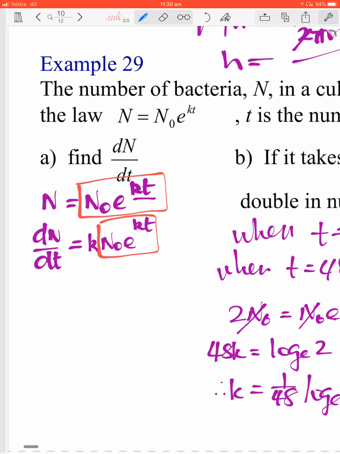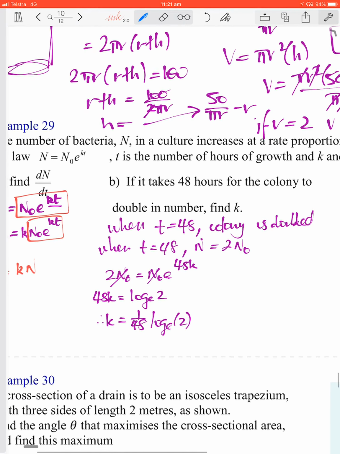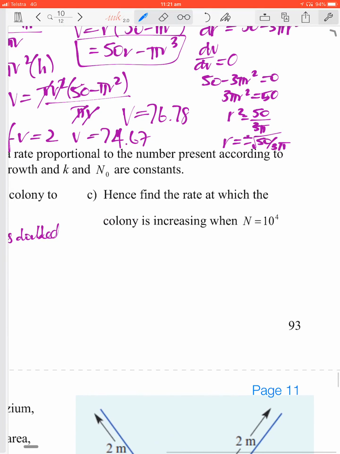So we can actually say that dN/dt is k times N. So we know dN/dt equals kN, and we know that k is 1 on 48 log e of 2. And in this case, N equals 10 to the 4.